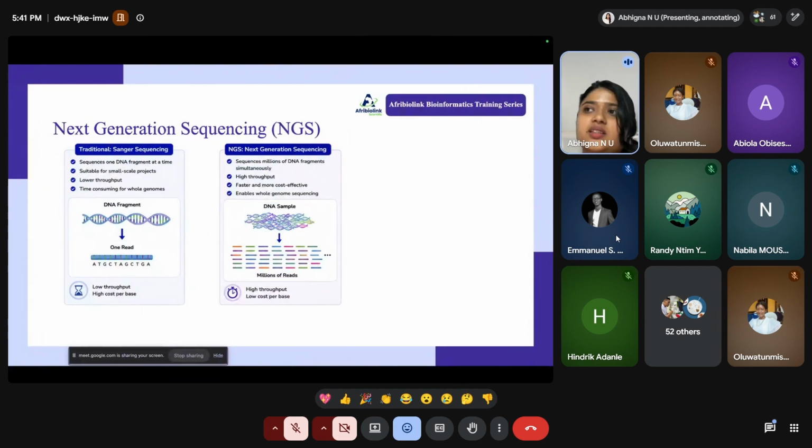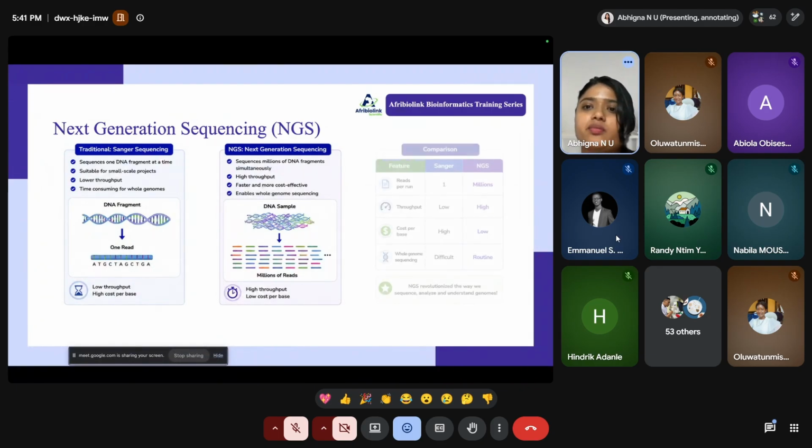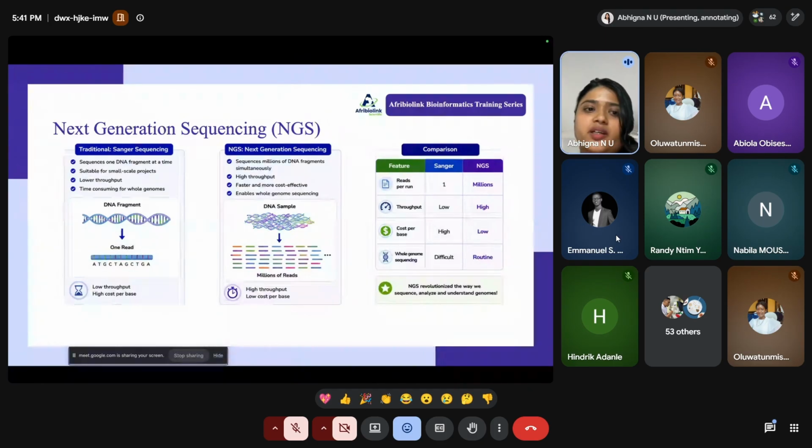Since for a single sample you get many reads, the cost per base is very low here. The difference between NGS and Sanger sequencing is that in Sanger you get only one read per sample, and you get millions of reads per sample in NGS.